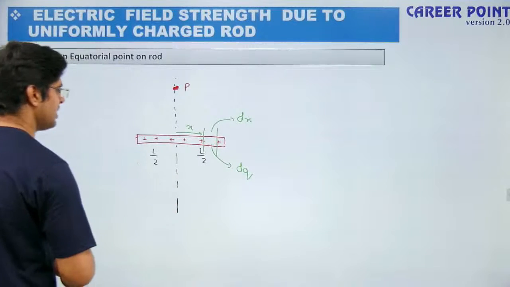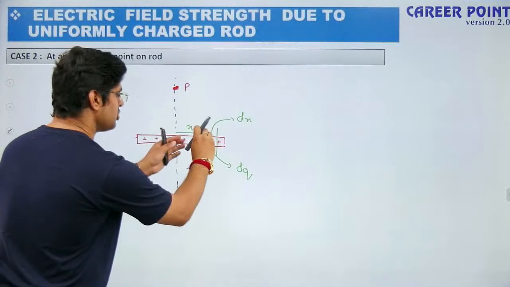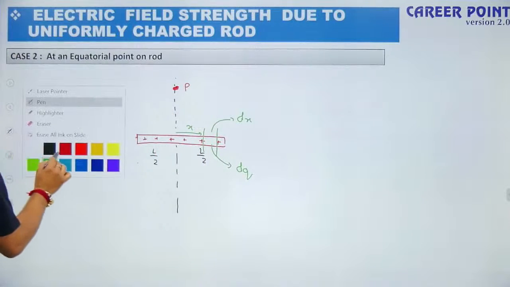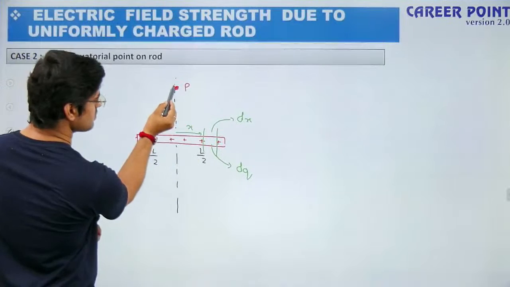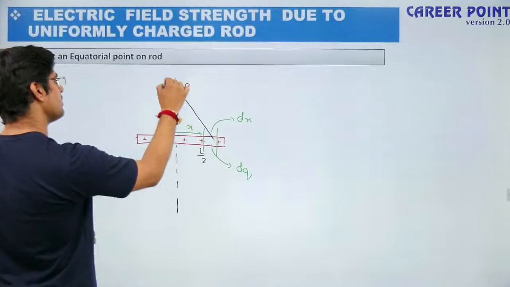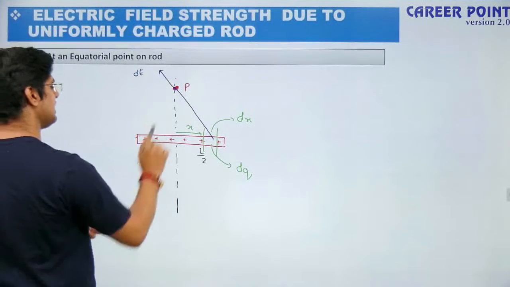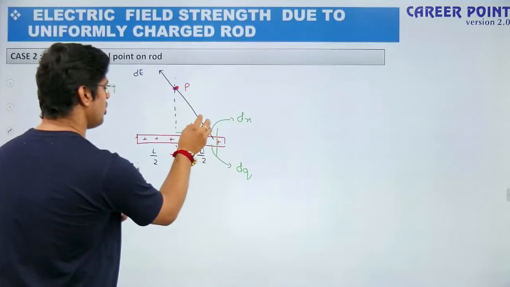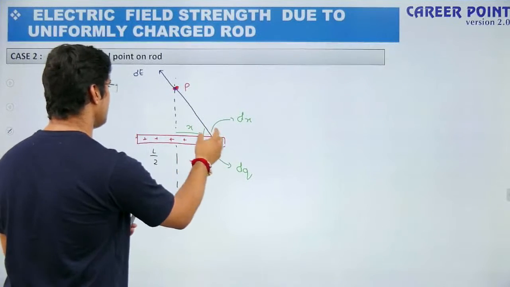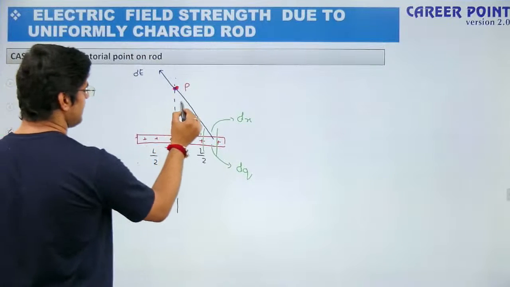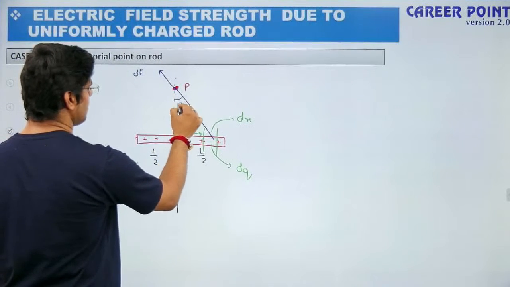Now what we are supposed to say, due to this point charge, electric field at point P will be given by this vector. Let's say dE is the electric field due to this point charge or the elemental charge which we have taken on the rod at point P. Let's consider this angle as theta.